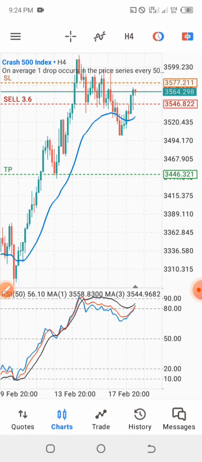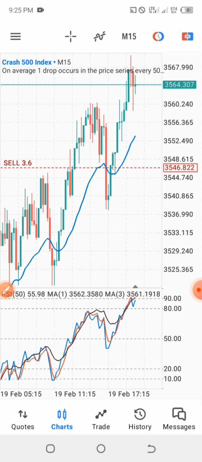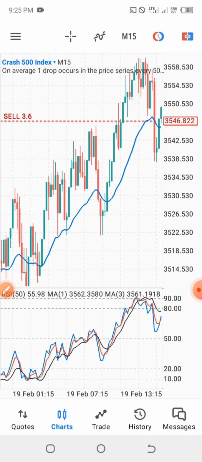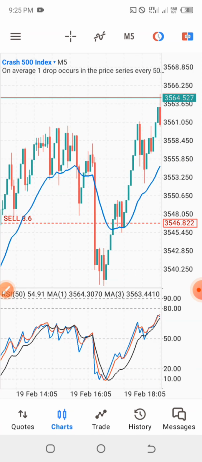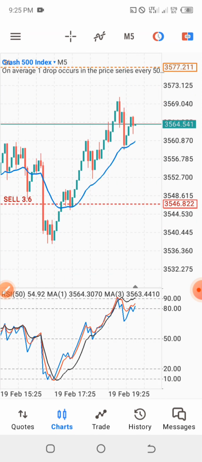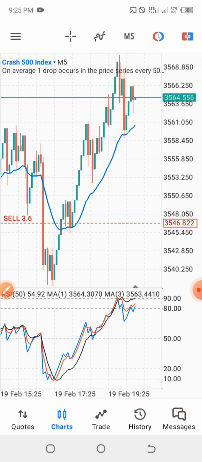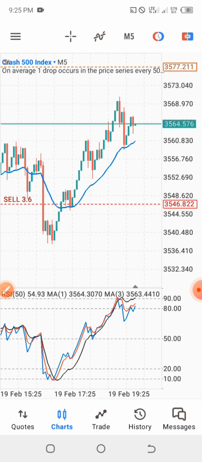So now, like I said, this strategy we are going to be using on the 5-minute time frame, 15-minute time frame, 1 hour time frame, and the H4 time frame. For the sake of this strategy, I mostly use the lower time frame.